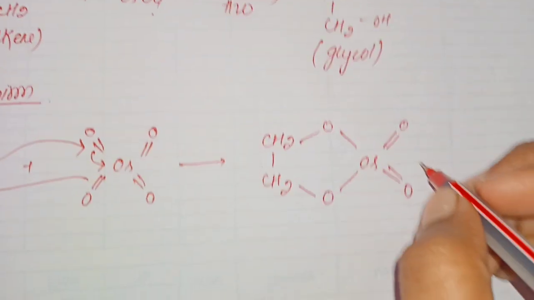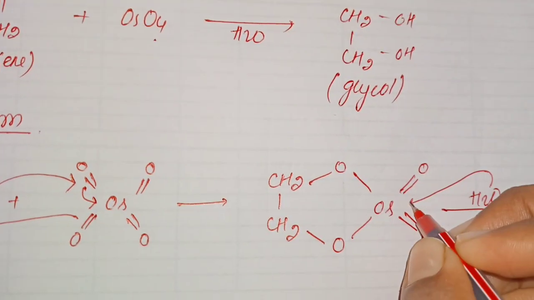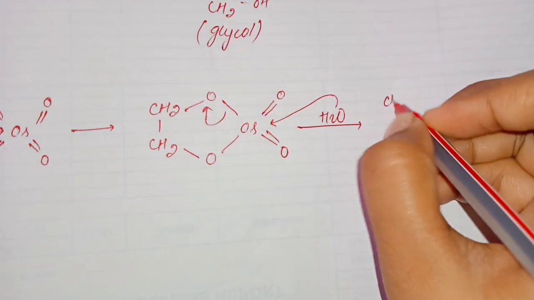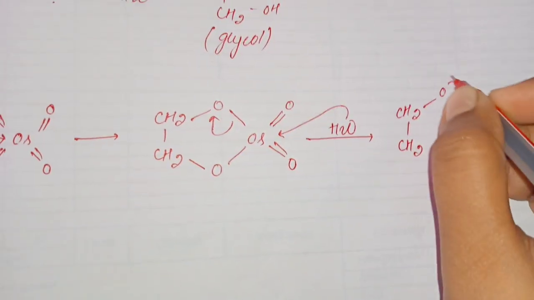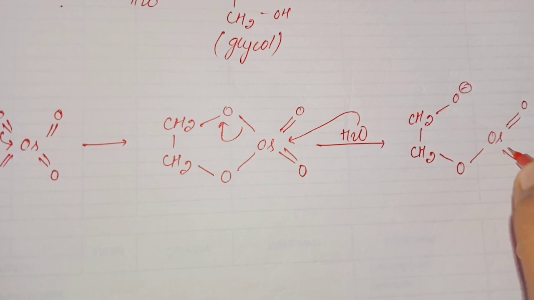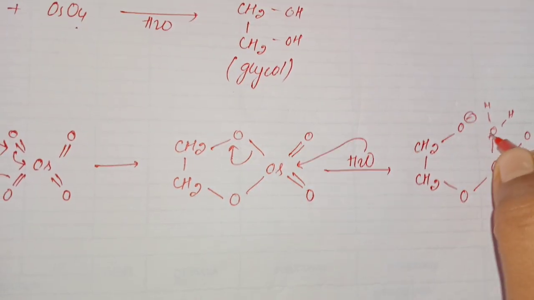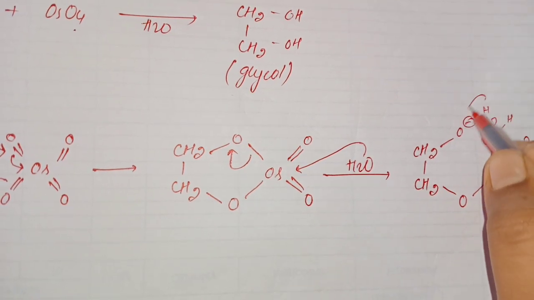Okay, then what happened here? Water is added, which means hydrolysis takes place and the bond breaks down. It becomes CH2-CH2-O negative, O-osmium double bond O-O, with H and H. O becomes positive here, so one hydrogen will give to this atom and attach here.